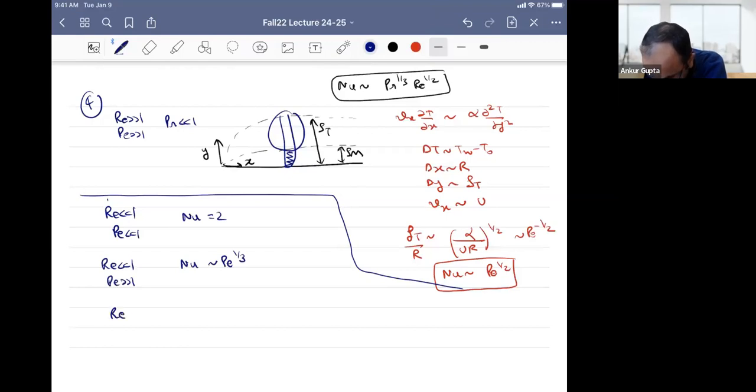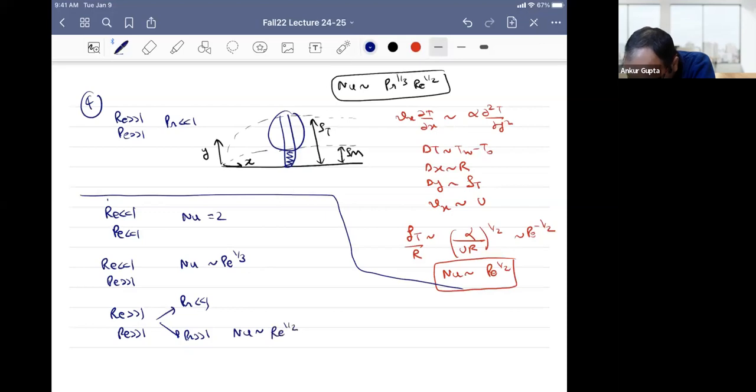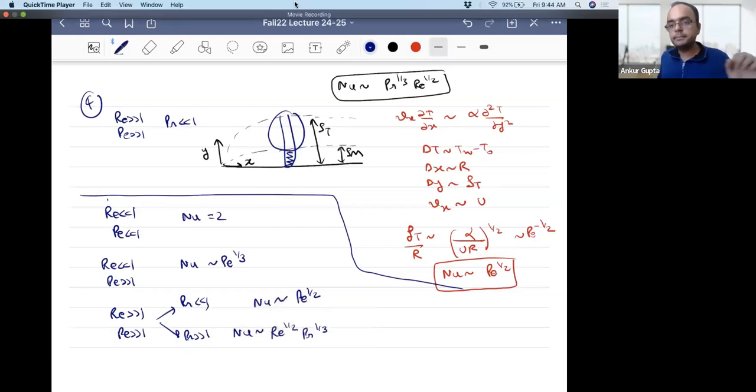If Reynolds number is greater than 1, Peclet number greater than 1, then we have 2 cases: Prandtl number is small or Prandtl number is big. Prandtl number the usual one gives Reynolds to the power of half, Prandtl to the 1/3, and here you get Nusselt to Prandtl to the power of half. Okay. Any questions on the scaling analysis?